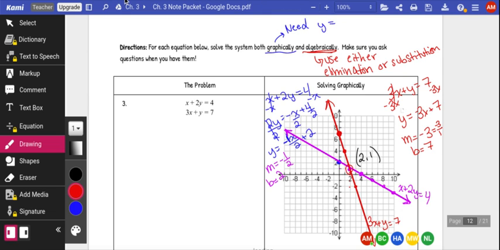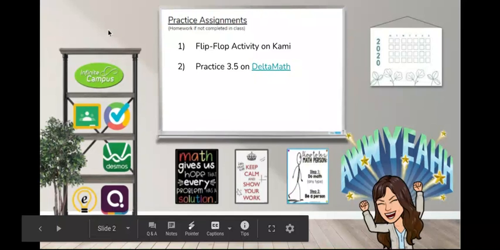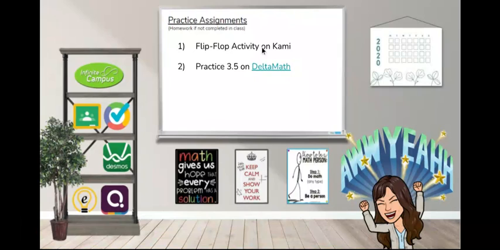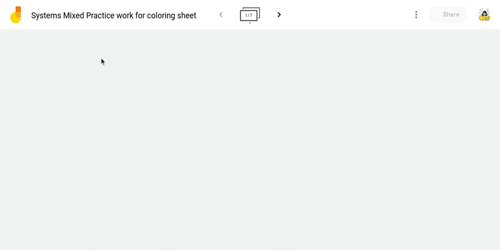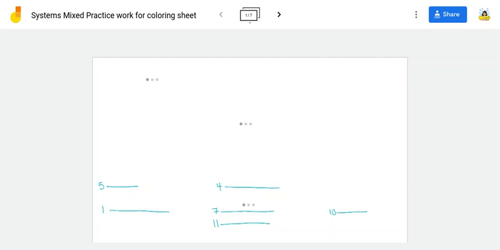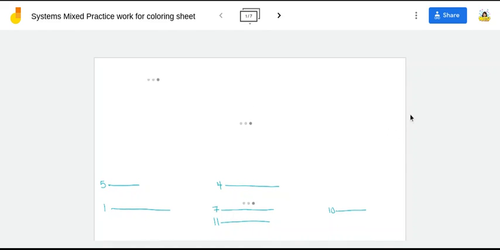But going back to your agenda for the day, you do have practice. There's a flip-flop activity on Cami that I'm going to talk about, and then there's 3.5 on Delta Math. So the flip-flop activity on Cami, what that looks like is, well, it's on Jamboard too, but it looks something like this. So I'm calling it Systems Mixed Practice for Coloring Sheet.